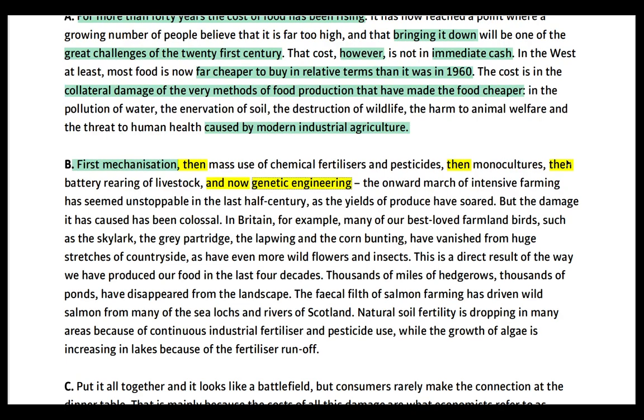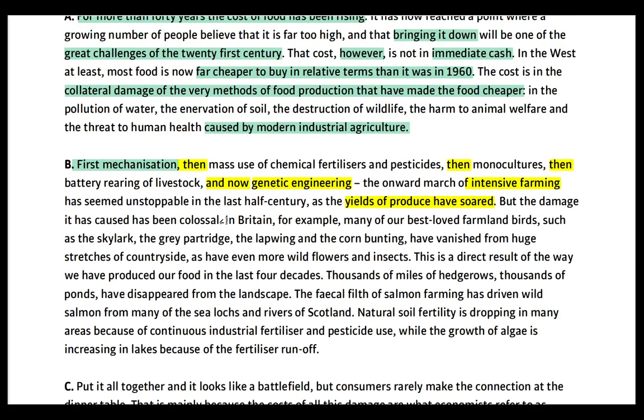We can pretty much make an inference from here, but let's not rush yet. The onward march of intensive farming has seemed unstoppable in the last half century as the yields of produce have soared, increased. But the damage it has caused has been colossal.